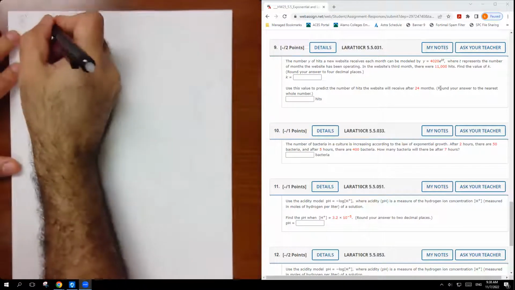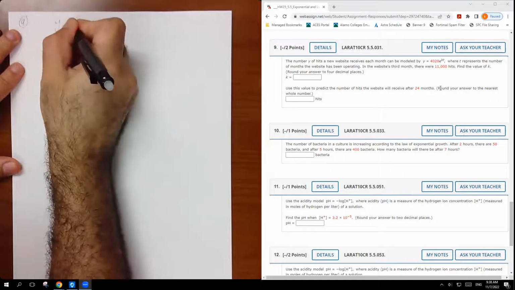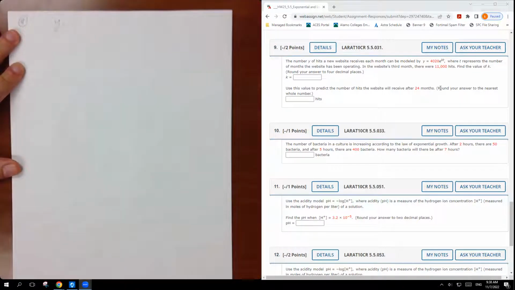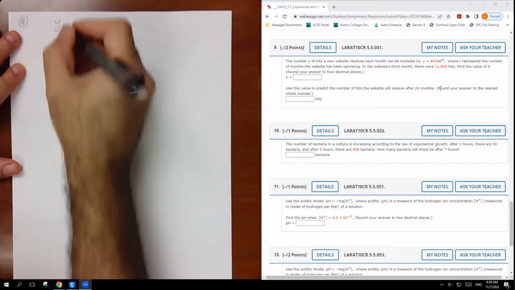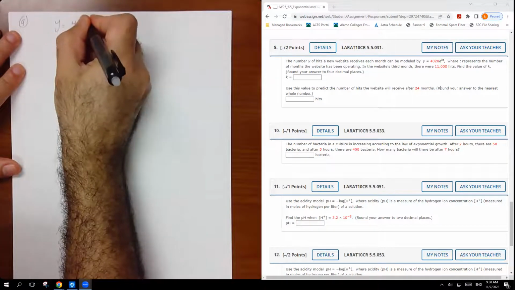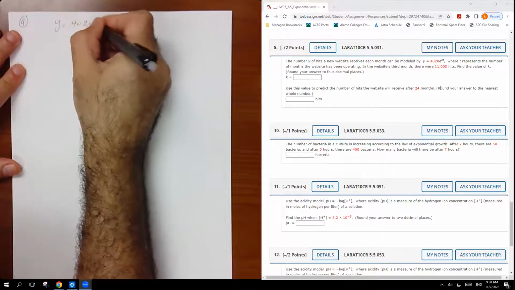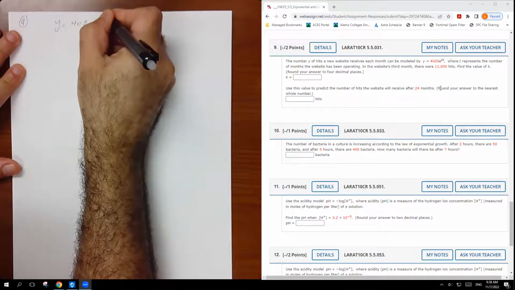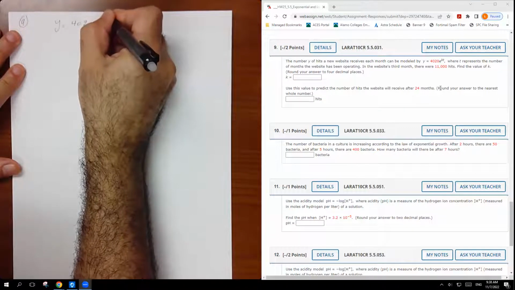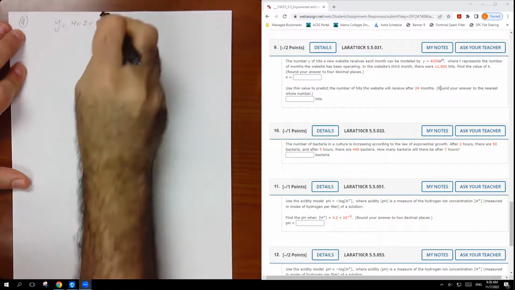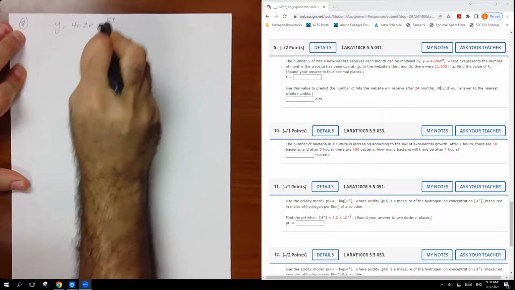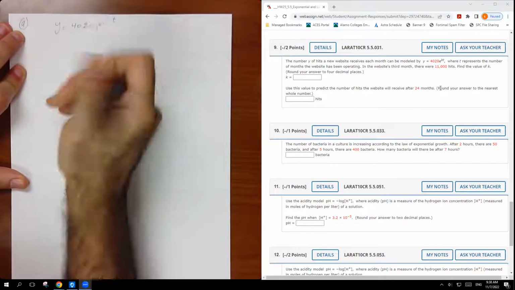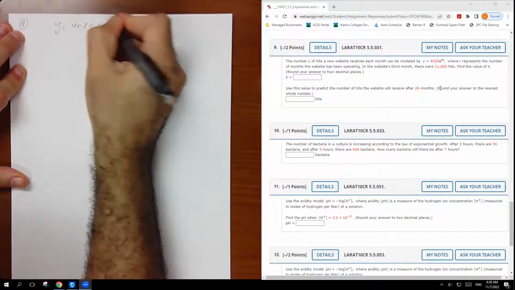Y equals 4020 e to the kt. That means on this formula, here is the P. We already have the initial.